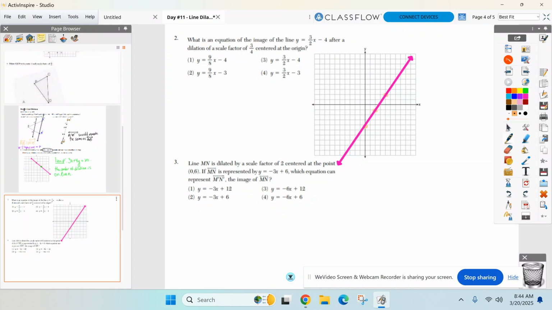All right, let's go ahead and get it graphed. All right, now we need to move these points closer to the origin by 3/4. Ready?